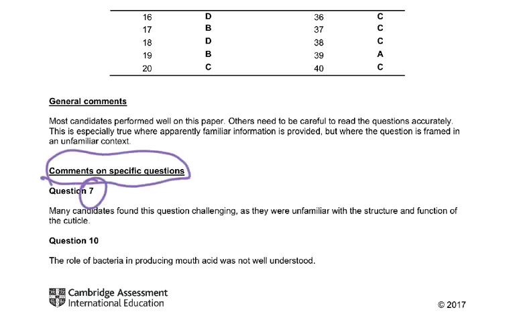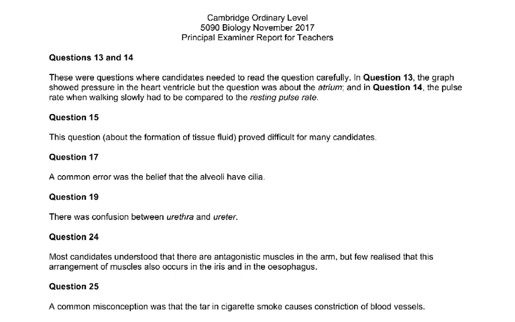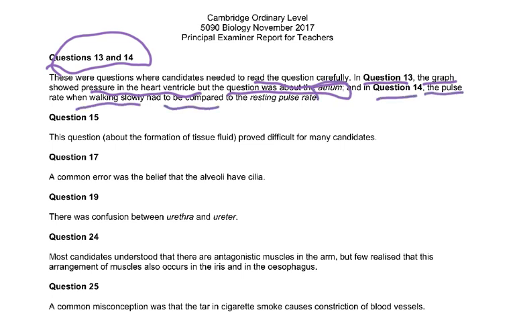Now, there's one on question 7, then question 10, as I mentioned. Then question 13 and 14. These were questions where candidates needed to read the question carefully. In question 13, the graph showed pressure in the heart ventricle, but the question was about the atrium. And question 14, the pulse rate when walking slowly had to be compared to the resting pulse rate.